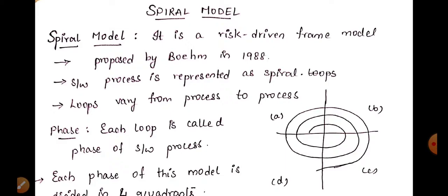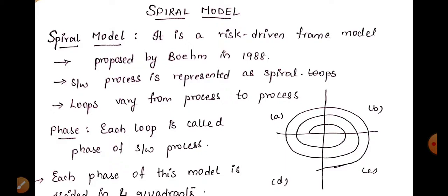Spiral model has the same features of waterfall model and prototype model. The combination of waterfall model and prototype model has been taken for this spiral model, and this model is used in large projects. When there is any complexity in any project or in the development of a software, then we choose this spiral model.